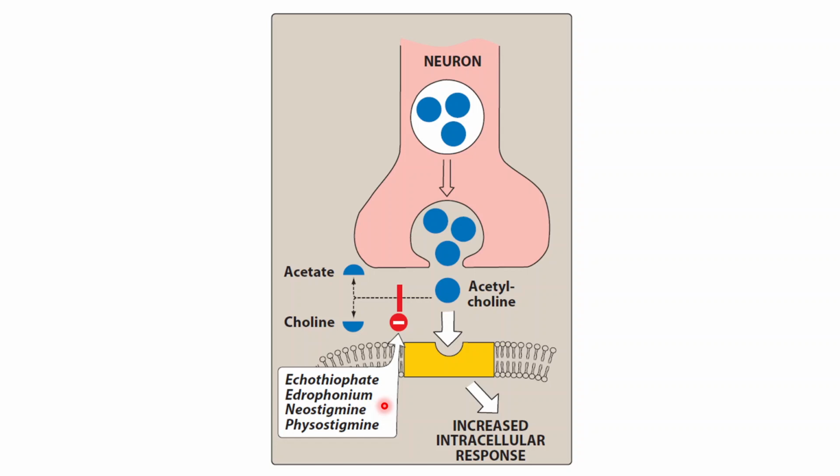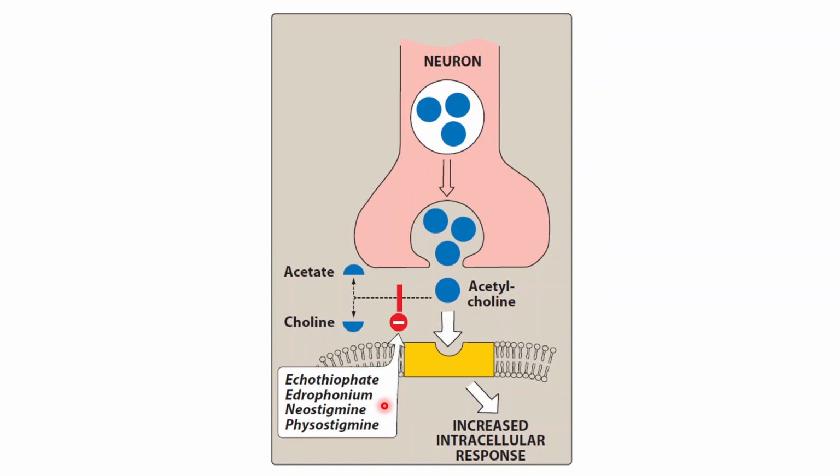That leads to the potentiation of the cholinergic activity. Physostigmine has a wide range of effects, and its duration is about 30 minutes and can last up to 2 hours, and it is considered intermediate acting.